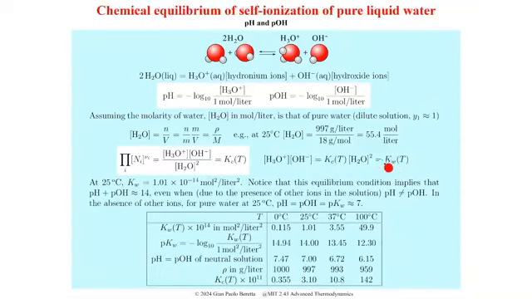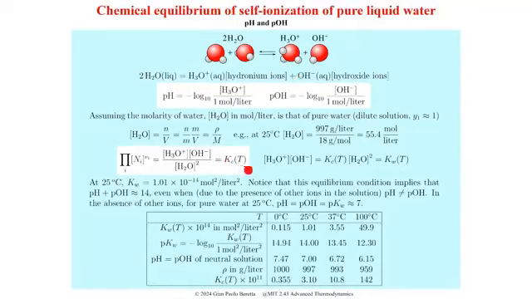Also, this constant has dimensions, because usually the equilibrium constant based on concentration is dimensional. It has the dimensions of the overall concentration to the power equal to the sum of the stoichiometric coefficients. Now, for this particular reaction, the sum of the stoichiometric coefficients is 0, because minus 2 plus 1 plus 1 is 0.